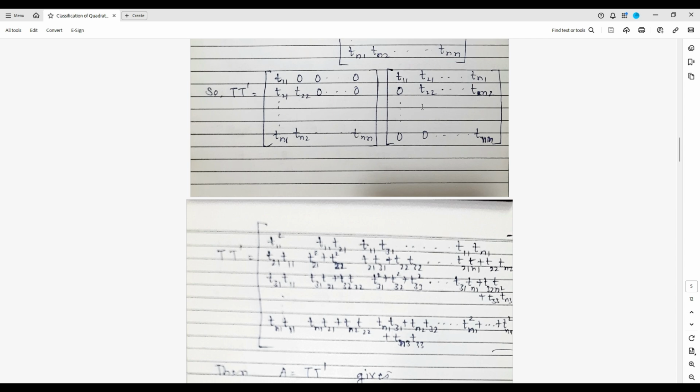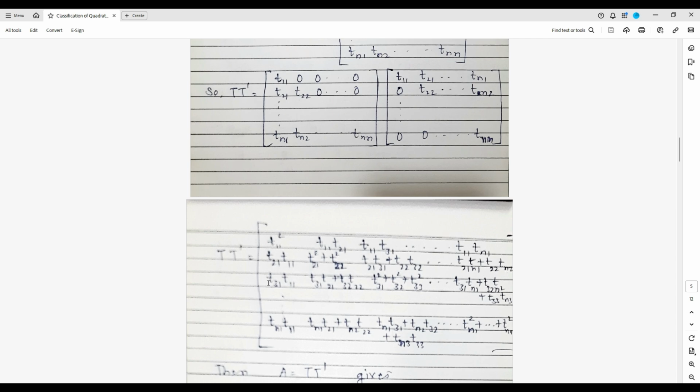Now here onwards these elements will be zeros. So from the third element onwards, the second column of T prime will contain only zeros, and as a result, the second row of the product will contain only two terms in each element from the second term onwards. So the third term in the second row would be T21 into T31 plus T22 into T32 and so on. The last element in the second row would be T21 into Tn1 plus T22 into Tn2.